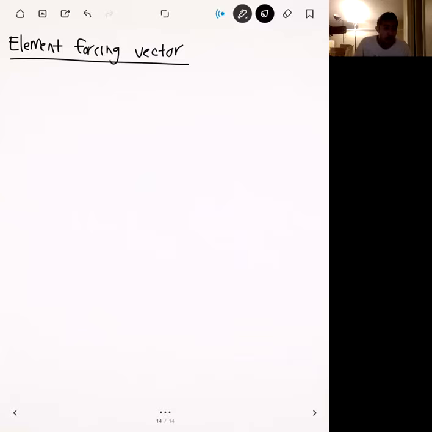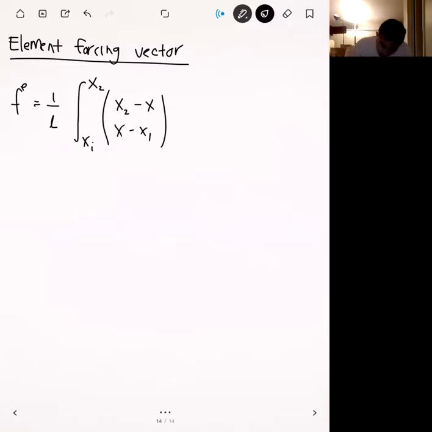The formula for that was Fe is equal to 1 over L times integral from x1 to x2 of [x2 minus x, x minus x1] times s of x in this case, dx, plus, sorry, brain fart, N1, N2 times a q bar.